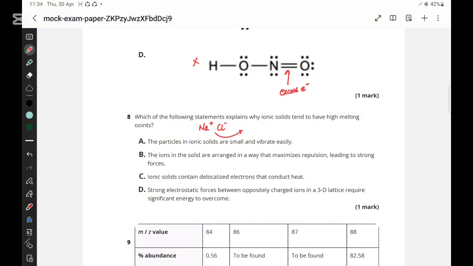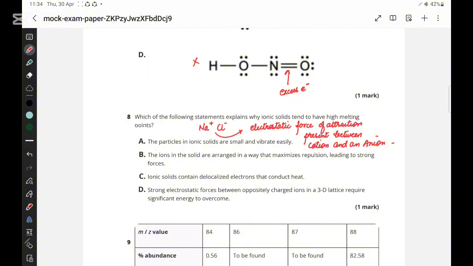And the force of attraction they have is the electrostatic force of attraction between the cation and anion.